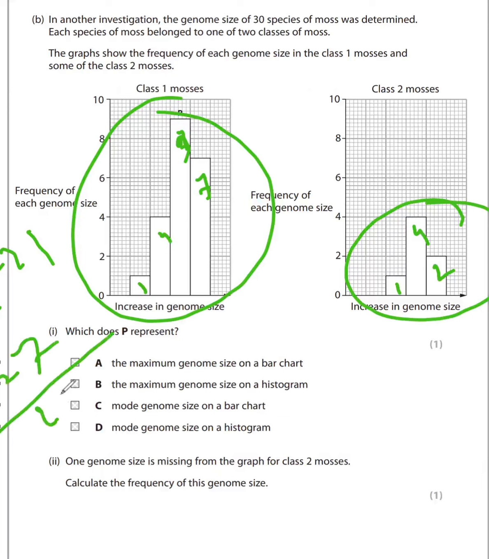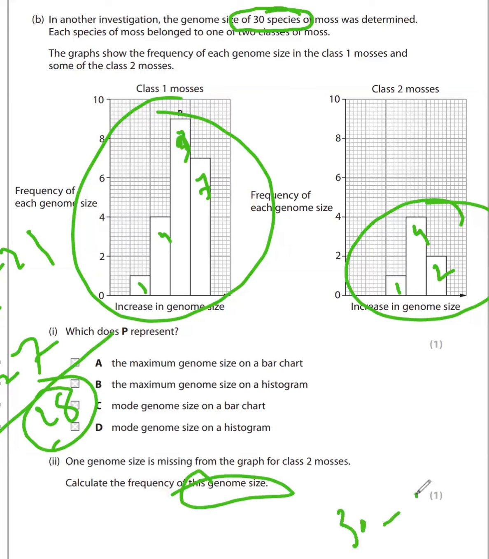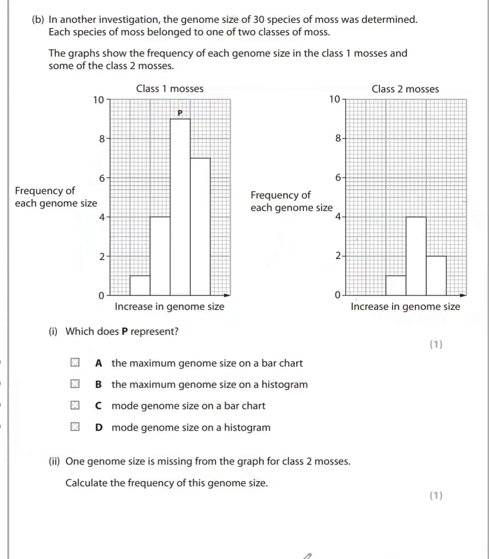So the total is 28. So you see, out of 30 species, we found this genome size 28 times. So one is missing. Which one is missing? Obviously, 30 minus 28 equals 2. So that's the reason the answer will be 2.